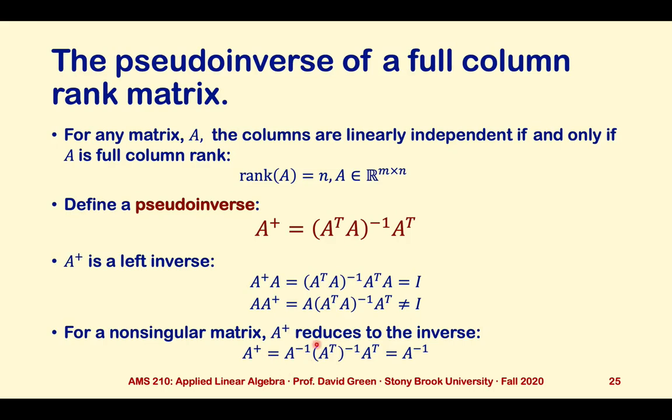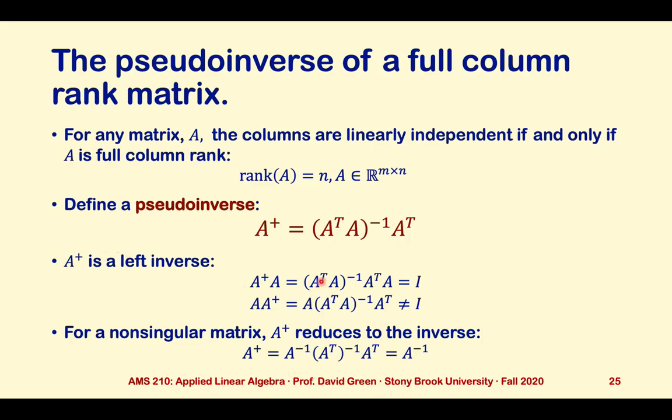We get this by essentially propagating out this inverse through this product, which we can only do if the individual inverses exist. And then A transpose times A transpose inverse, of course, gives us the identity matrix, which leaves us only with A inverse.